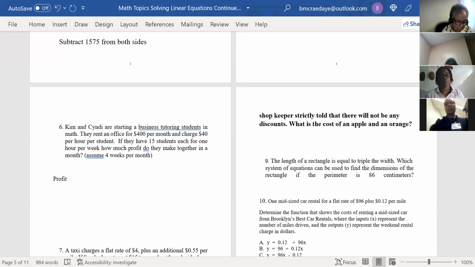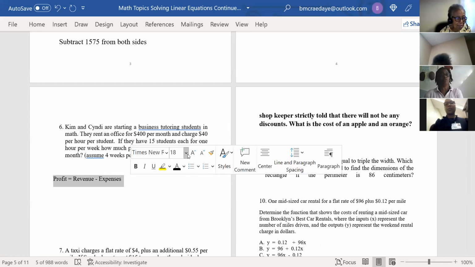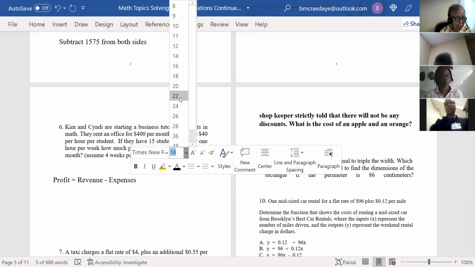Now we know that profit is equal to revenue minus expenses. So the expenses is what? How much is their expenses? 400 per month. $400, right?